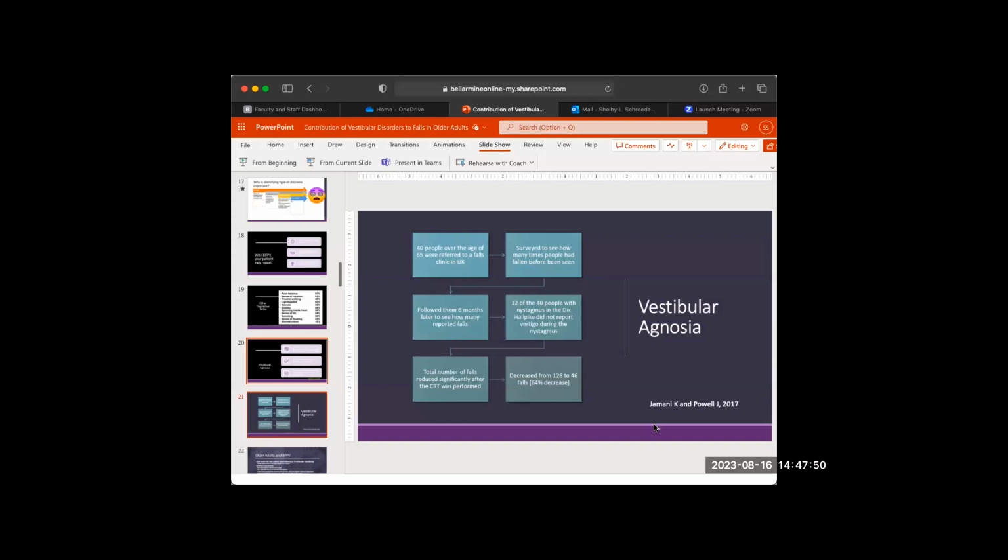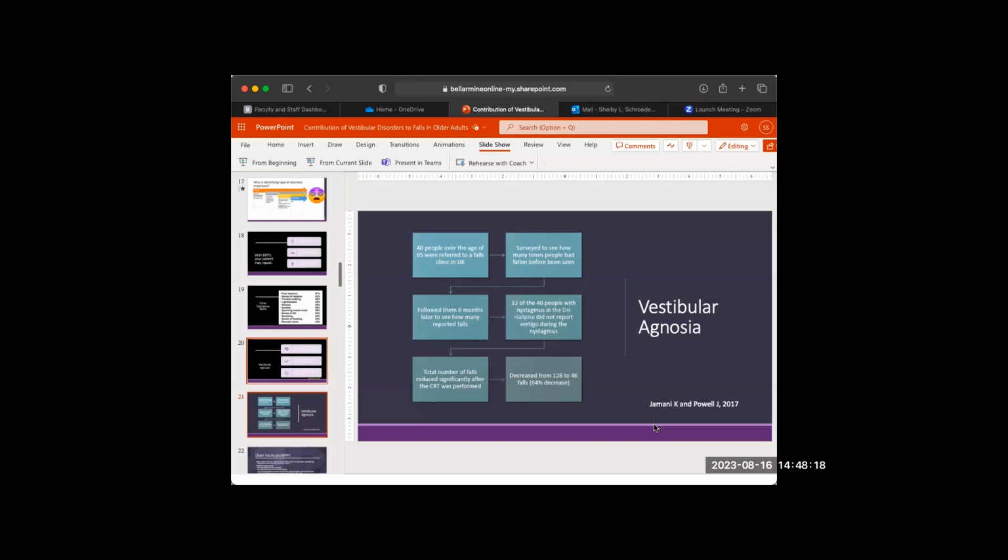So they didn't feel the typical room spinning dizziness, even though, with nystagmus, I'll have a video of this shortly, it's a movement of the eyes, either going like this or like this, and it indicates a positive diagnosis for BPPV. So they had the diagnosis for BPPV, but they didn't feel dizzy.